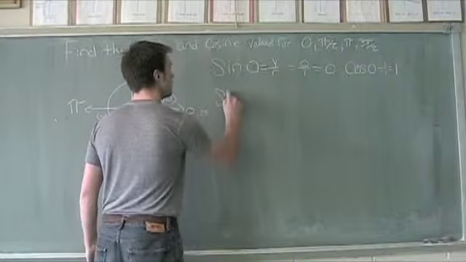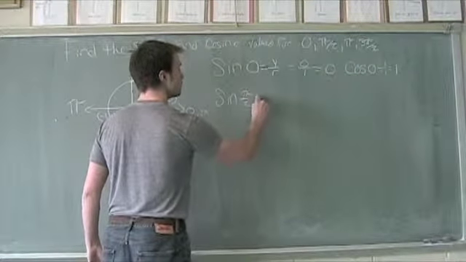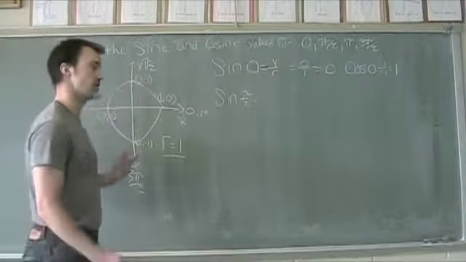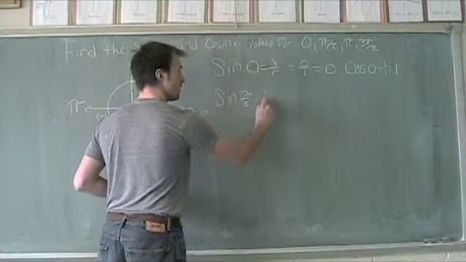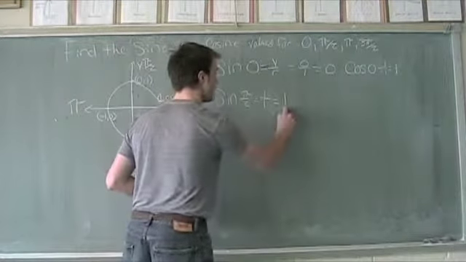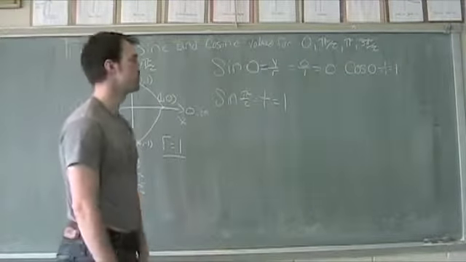Let's look now at the sine of pi over 2. Sine at pi over 2 is always our y value, this time 1, divided by the r value, which is 1. 1 divided by 1 is 1. So the sine at pi over 2 is 1.